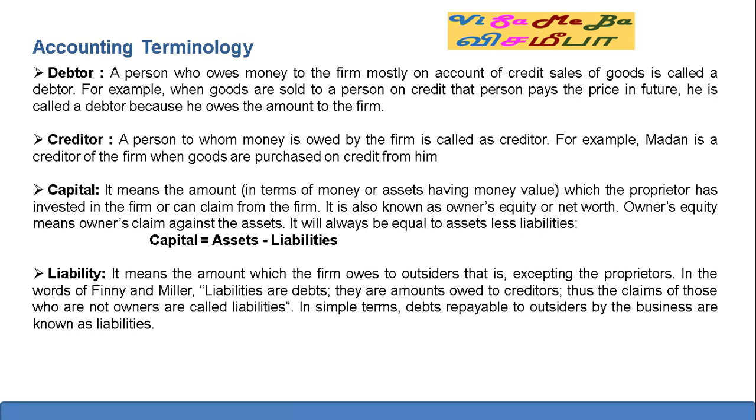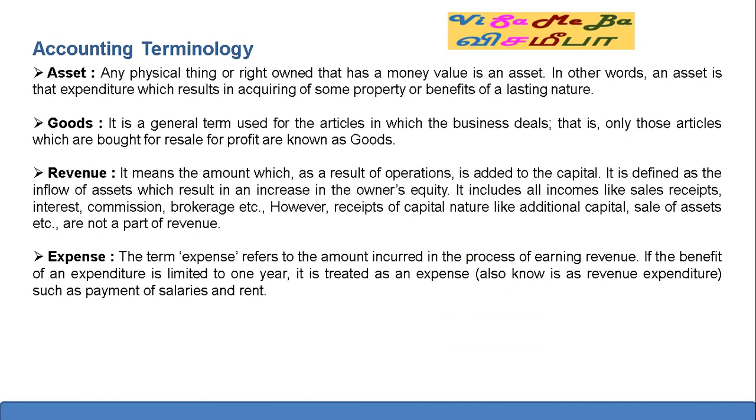Liabilities are the claims of those who have lent money to the firm or who are not the owners of the firm. Any physical thing or right owned that has a money value is known as an asset. Goods. Only those articles which are bought for resale for profit are known as goods.